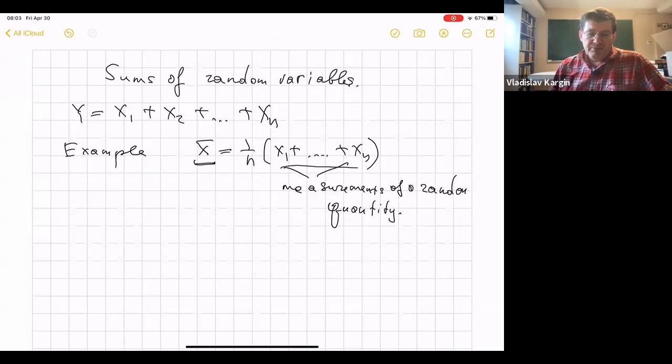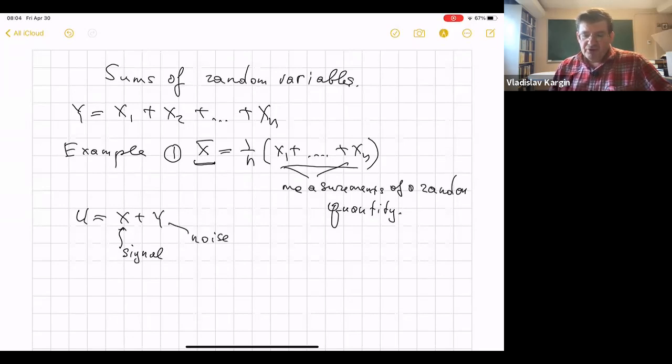So in our example, you might have something like u is equal to x plus y, where x is a random quantity, something like a signal, something which you are interested in, and y is something which you are not very interested in, so it's a noise.